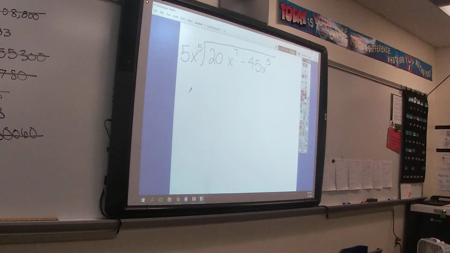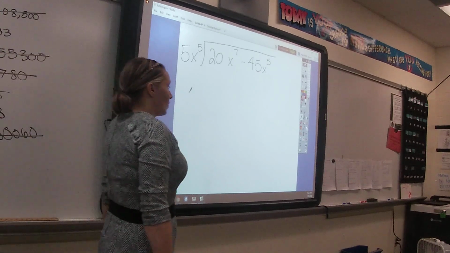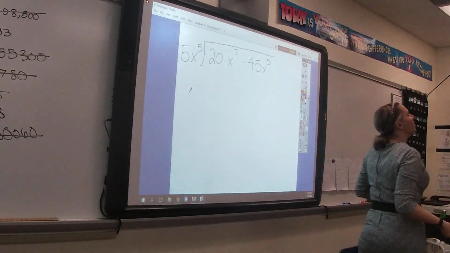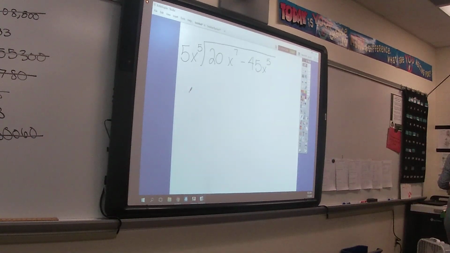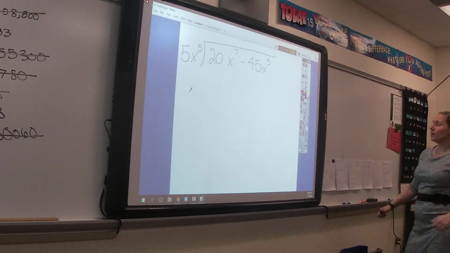This is division as well. And so while this division sign is different, the actual way that we do the problem is exactly the same. Just because we use a different division sign doesn't mean we divide a different way.